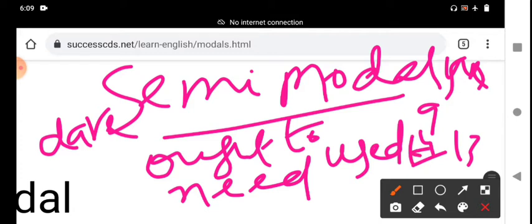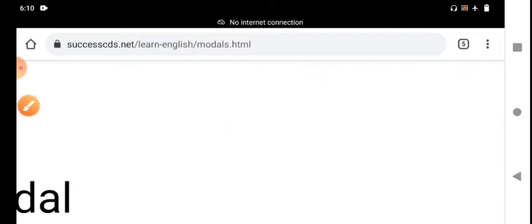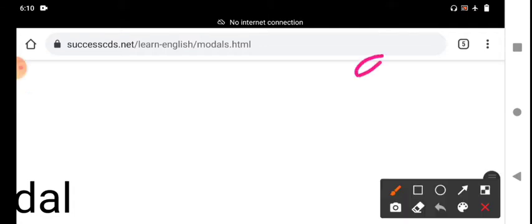Please understand, my dear students. Only in the English language, modal verbs are 13. They are categorized into two types: one is pure modals and the second is semimodals. Pure modals are 9 and semimodals are 4. The total modal verbs are 13.